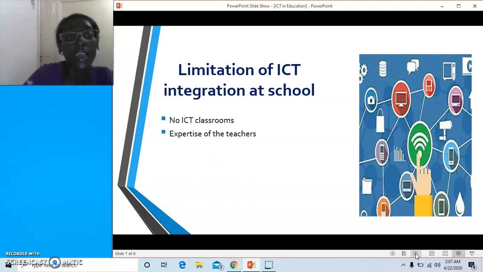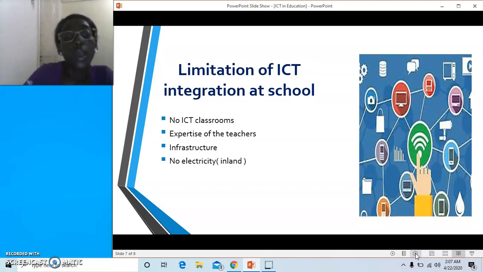I already said that you have a lot of teachers that don't use ICT devices, so they don't have expertise in ICT. Most of the schools also don't have infrastructure, and we have to have all these things when we want to integrate ICTs in our schools.